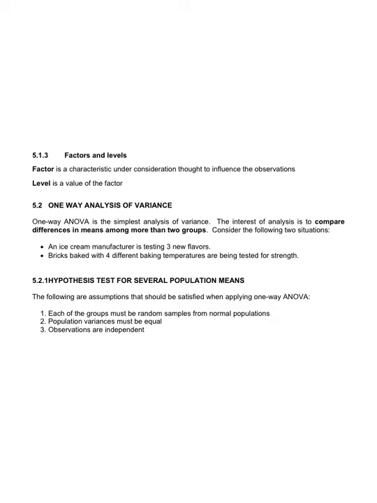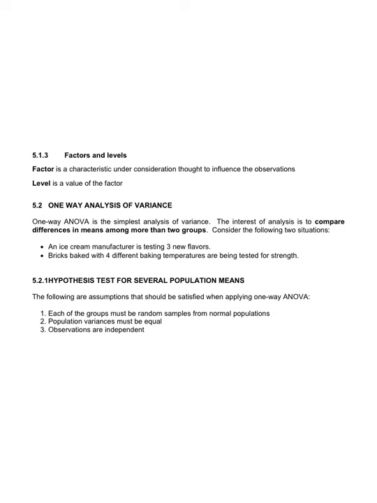Okay, now under CRD first, kita ada one-way analysis of variance. So kita masuk dulu one-way analysis of variance. Okay, this one is the simplest analysis of variance. The interest of analysis is to compare differences in mean among more than 2 groups, which means that it start from 3 group lah.